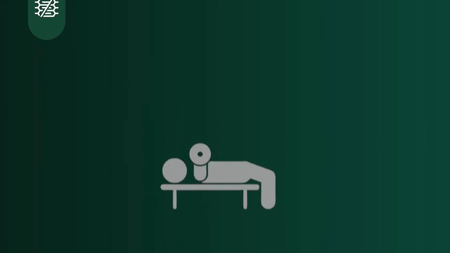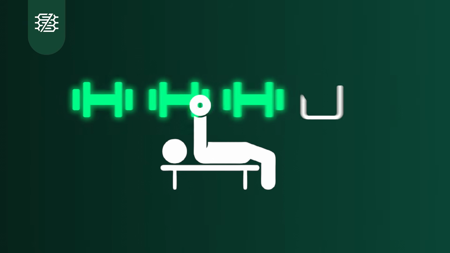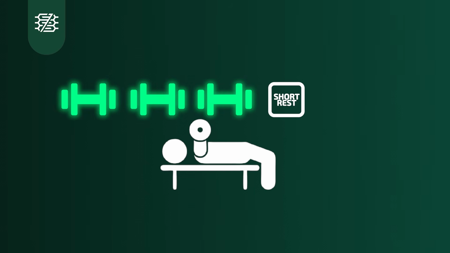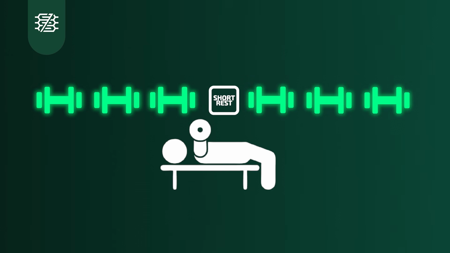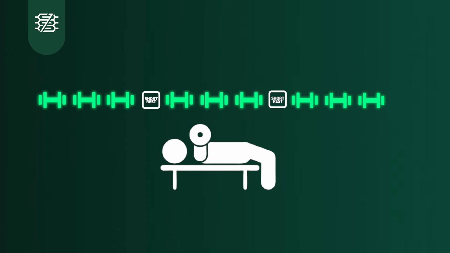The way I would program a myo rep protocol is you do one set and then you rest. It depends on the exercise and the person, but anywhere from 5 to 30 seconds, then have them pick the weight up again, go to failure or to a certain number of RIR, and you can potentially do that again and again.